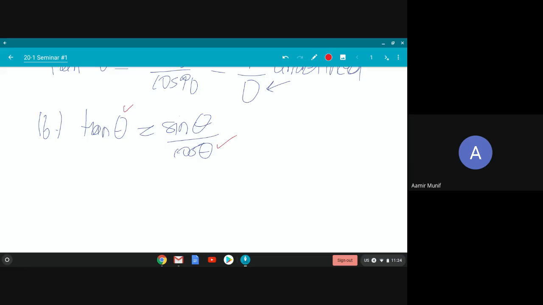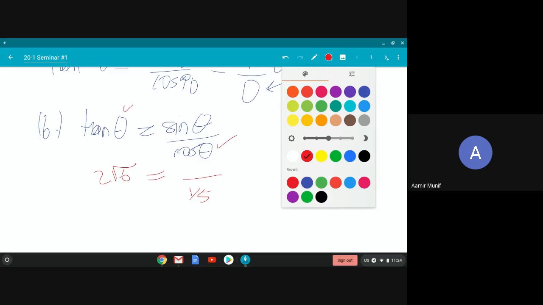It's kind of like a formula. So tan theta is 2 square root of 6, equal to sine theta over my cos theta, which is 1 over 5. I don't know what my sine theta is.